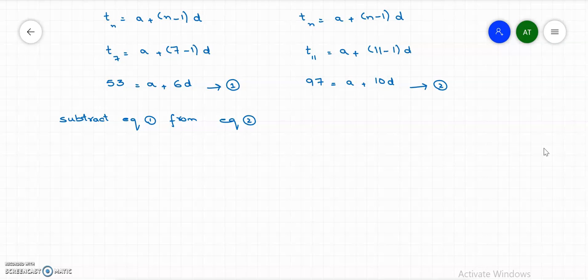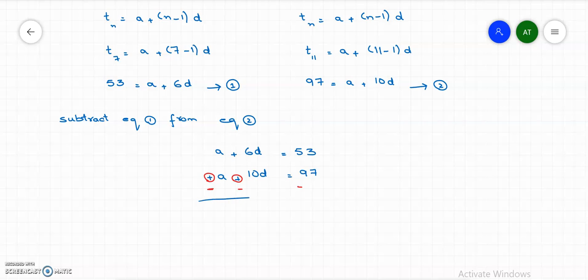If I write it this way, a plus 6d equals 53, that is the first equation, and a plus 10d equals 97. I'm using the method of elimination, right? Now we have to subtract. This a is positive. When we are subtracting, we change the signs. So this sign turns to negative, again this positive sign turns to negative, and this one is also positive, it turns to negative, right?